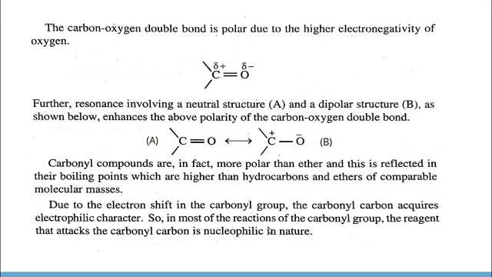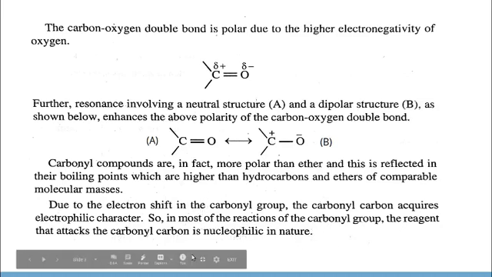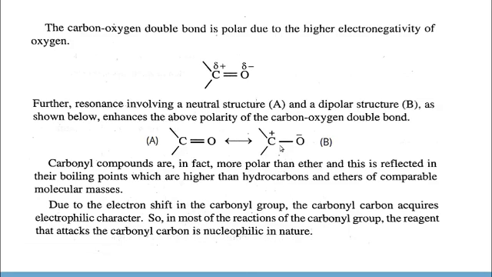In most of the reactions of the carbonyl group, the reagent that attacks the carbonyl carbon is nucleophilic in nature. So the carbonyl carbon always attaches with a nucleophile. A nucleophile has a negative charge. So a negatively charged nucleophile attacks the electrophilic carbon of the carbonyl group. So that's all about the polarity of the carbonyl group.